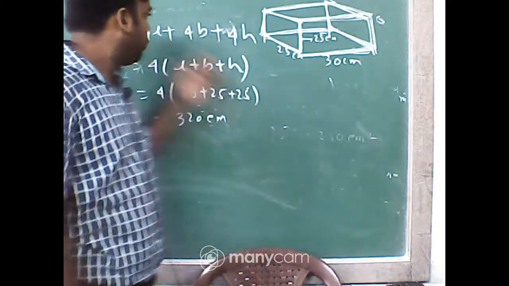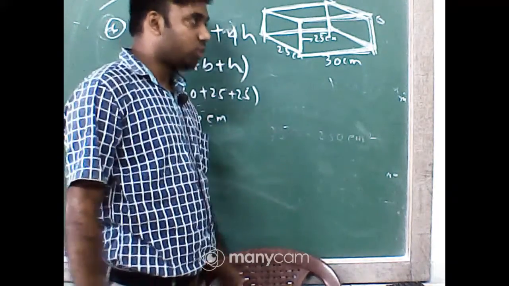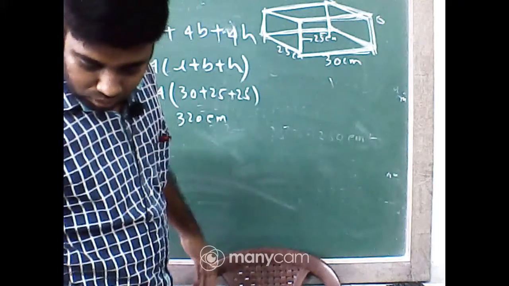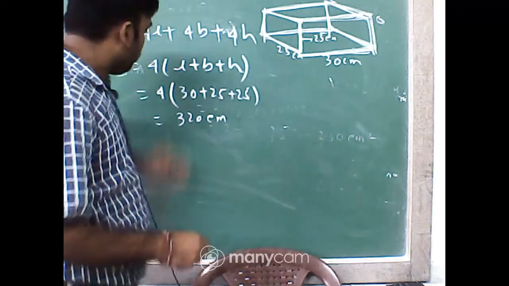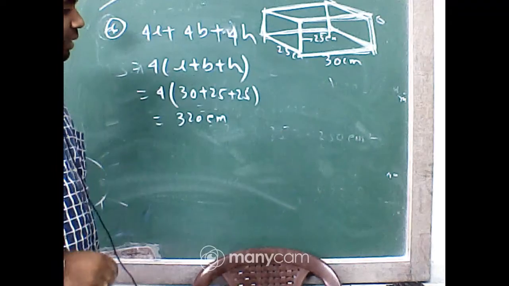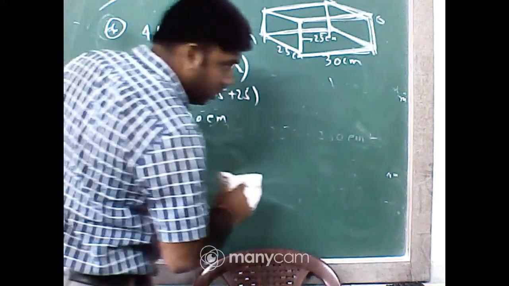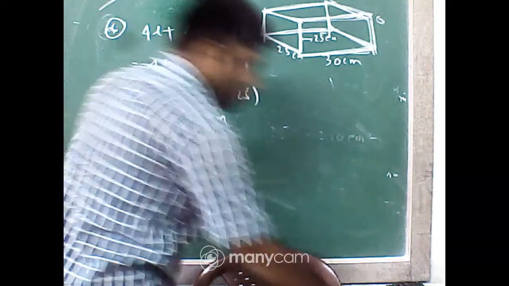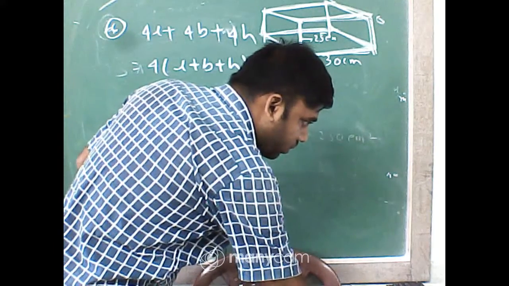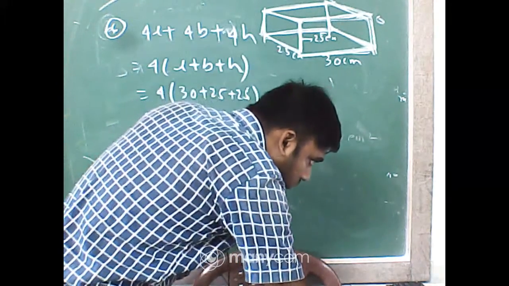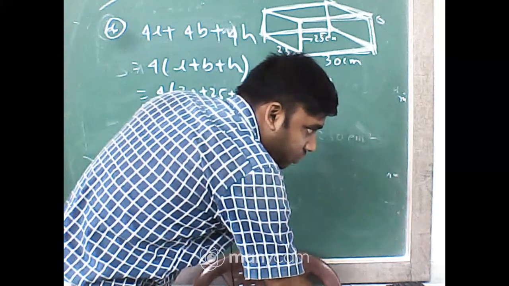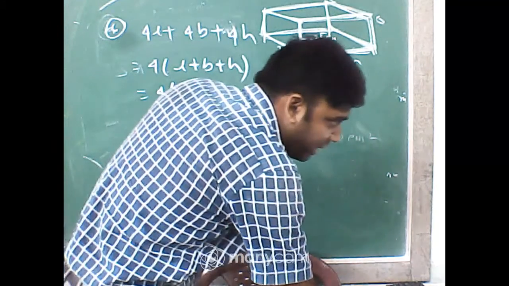That's why 4L plus 4B plus 4H. Got it? So 320 centimeter length of tape is needed. Now moving on, question number, question number 5, sorry, that is question number 7.